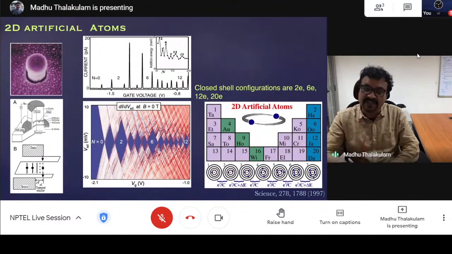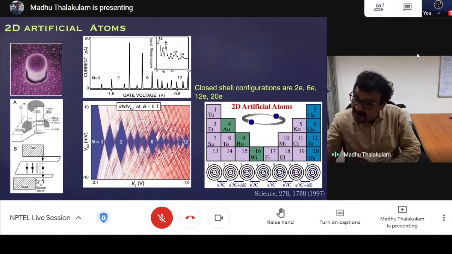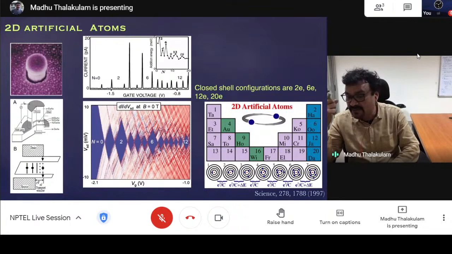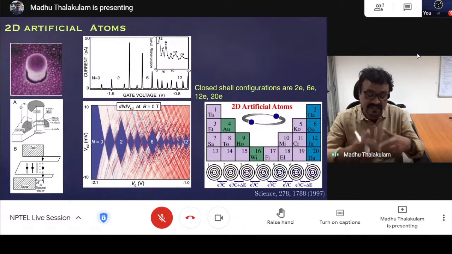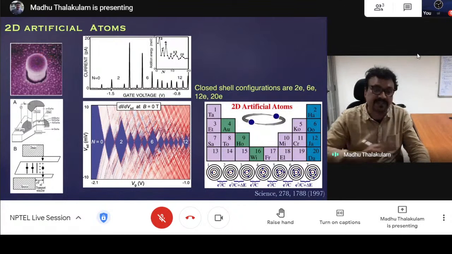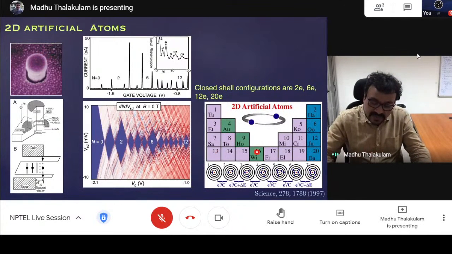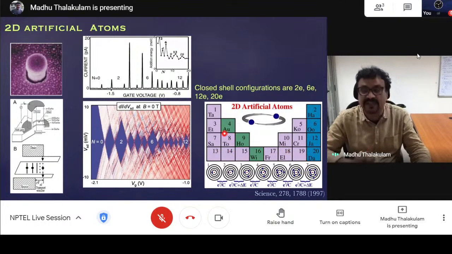So in this case, that is for a three-dimensional confinement. A natural atom is a three-dimensionally confined structure. So you can have similarly an artificially two-dimensionally confined structure. This is an artificial two-dimensional atom. So you can also envision a periodic table for this kind of filling too.